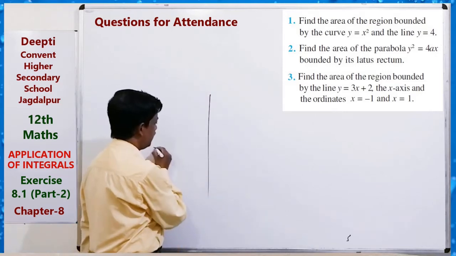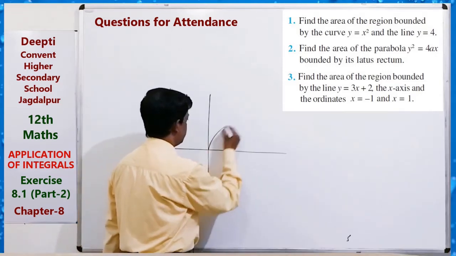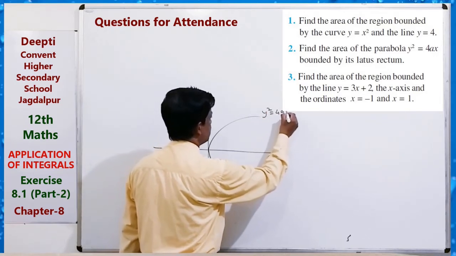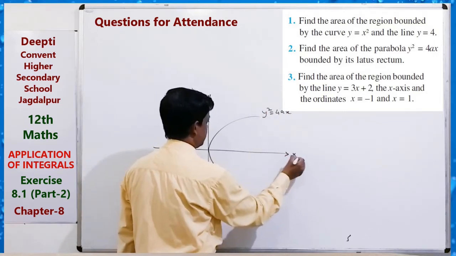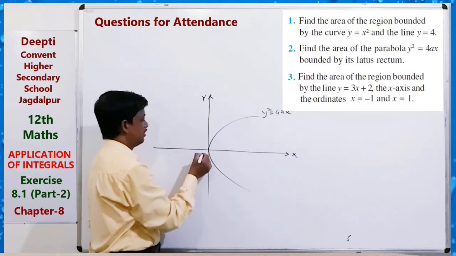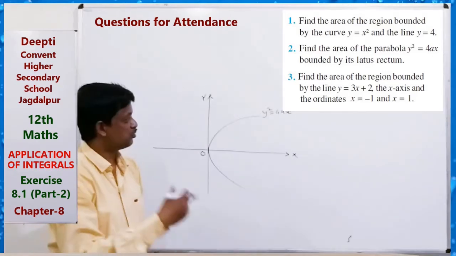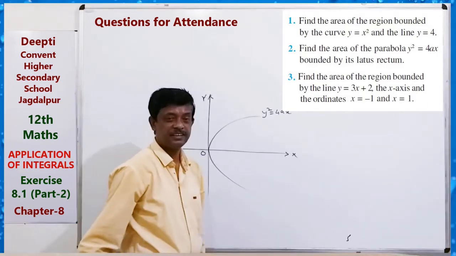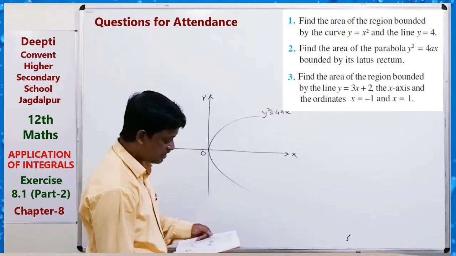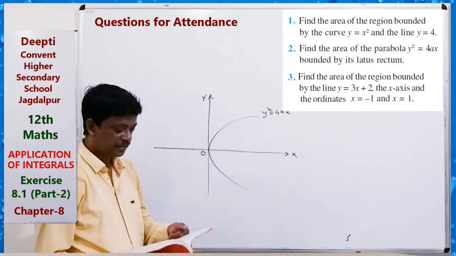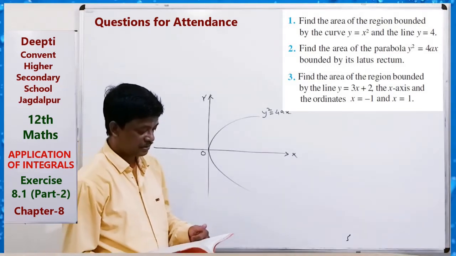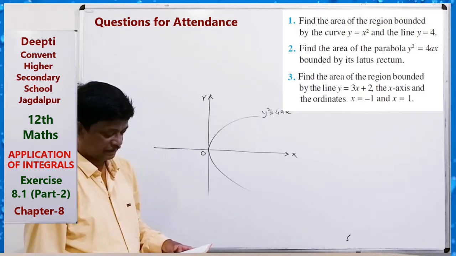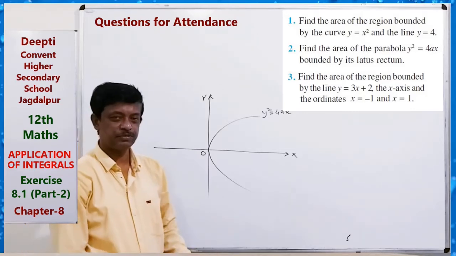We know the parabola. This is our standard parabola y square equals 4ax. Clear? This is the parabola y square equal to 4x and its latus rectum. We know its latus rectum is what?